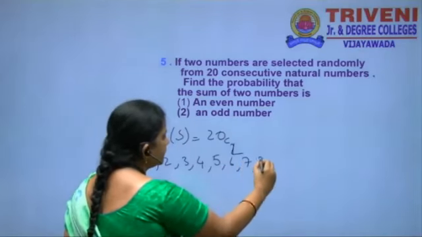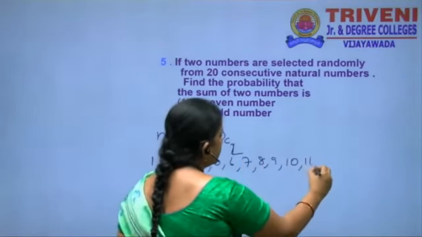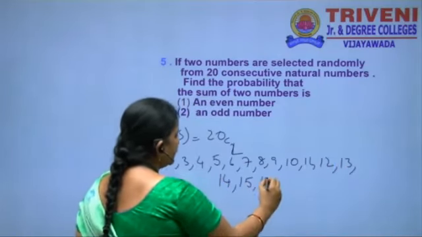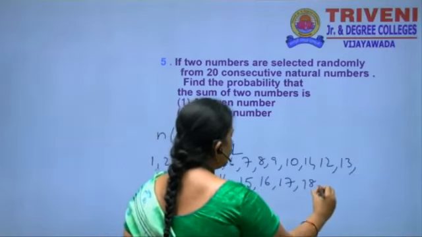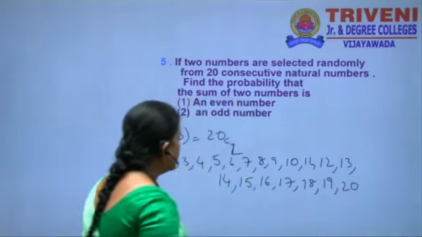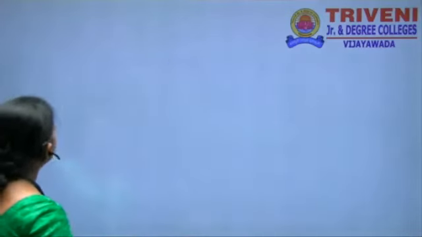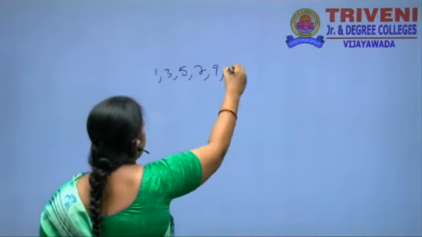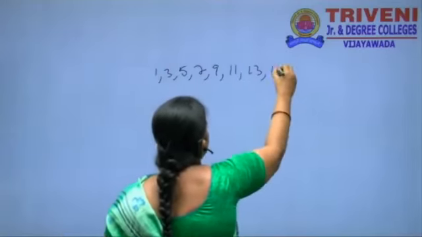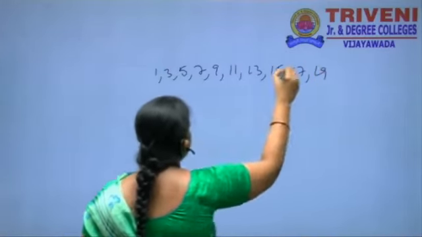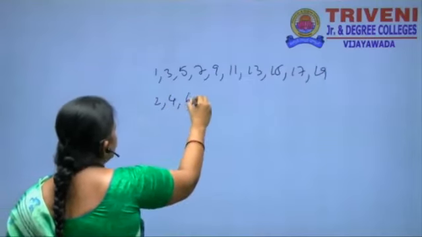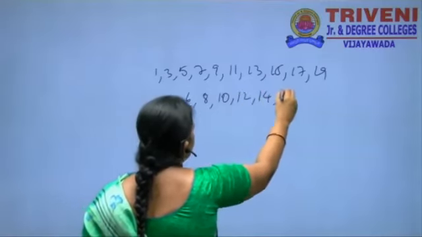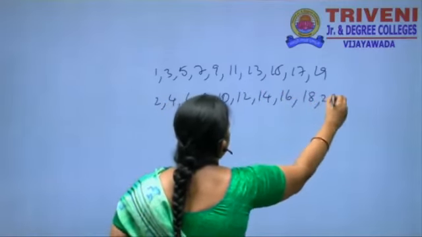The odd numbers are 1, 3, 5, 7, 9, 11, 13, 15, 17 and 19, and the even numbers are 2, 4, 6, 8, 10, 12, 14, 16, 18 and 20.